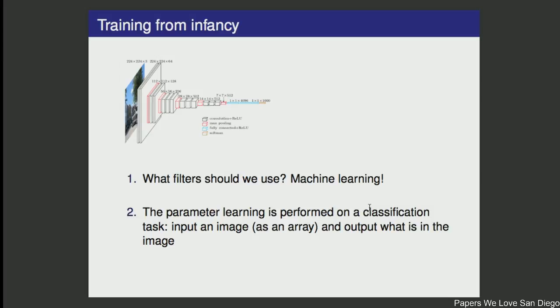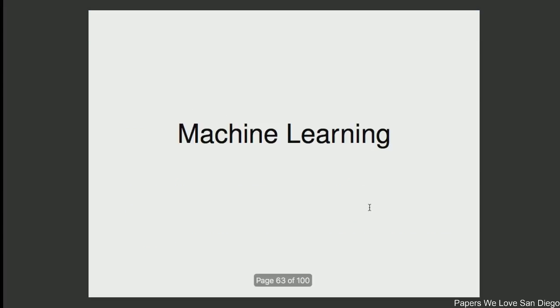So figuring out what filters to use, what are the numbers that fill those filters, that parameter learning is performed on a classification task, which is a task where you input an image as an array, and you want the output to be a guess as to what's in that image. Hot dog, not hot dog, right? If you're familiar. So now I can talk about machine learning. Perfect.